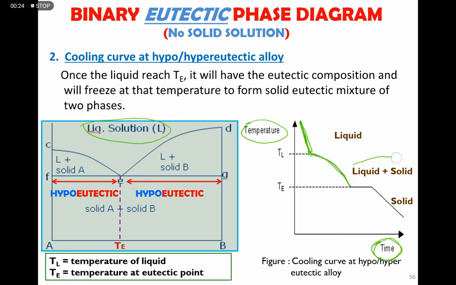Here, this is the liquid plus solid region, either liquid plus solid A or liquid plus solid B, depending on hypo or hyper. And this is your eutectic temperature. And the last one is your solid, solid A plus solid B. This is the cooling curve for the hypo and hypereutectic alloy.